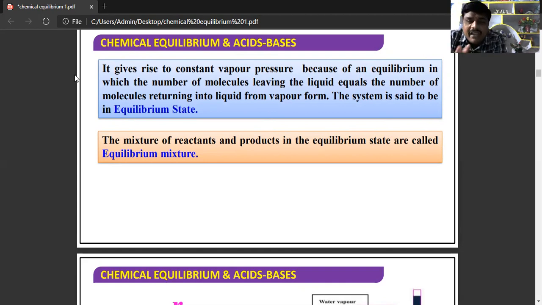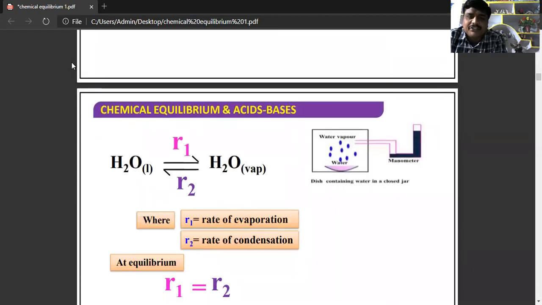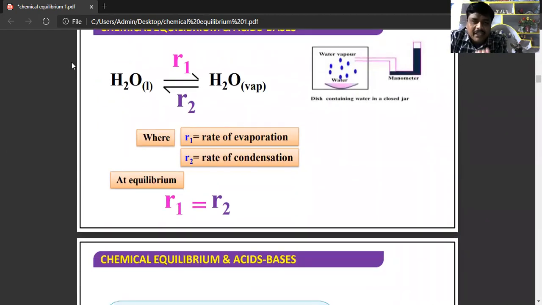The mixture of reactants and products in the equilibrium state is called the equilibrium mixture. For example, take H2O liquid being converted into H2O vapor. That is R1, which is nothing but the rate of evaporation. Through evaporation, water in the liquid state is converted into H2O vapor. When H2O vapor is converted back to H2O liquid, that is known as R2, the rate of condensation.